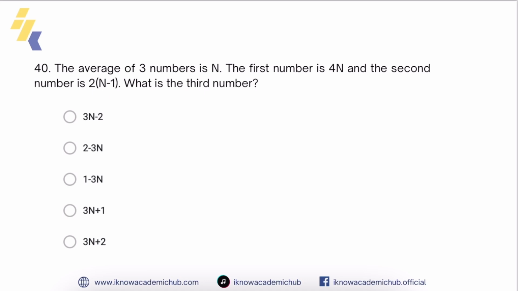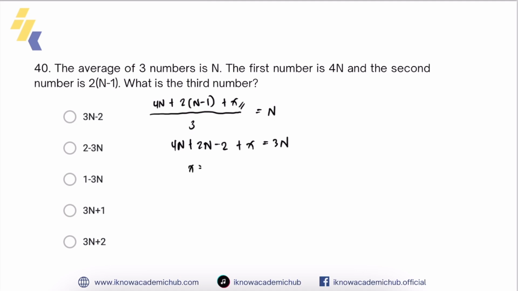So we have here 4n plus 2 times n minus 1 plus x, average. So we divide that by 3 and the average is n. Okay, we have to find x. So cross multiplying 3, we have 4n plus 2n minus 2 plus x equals 3n.